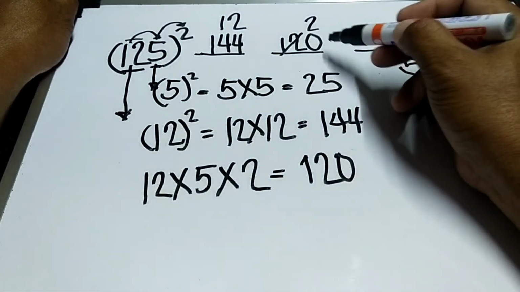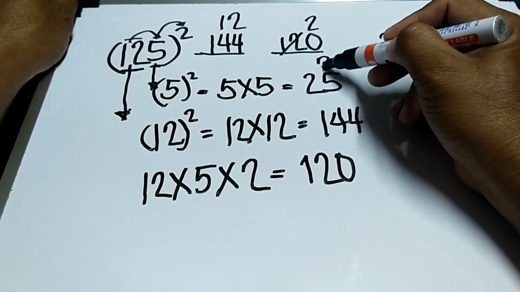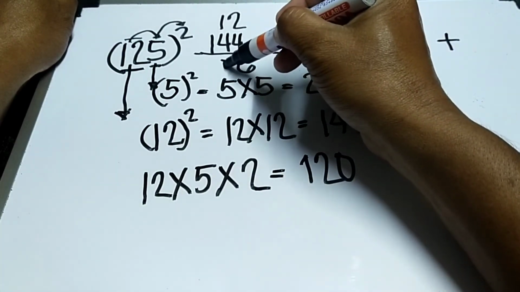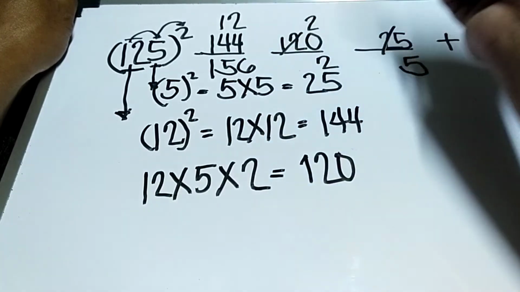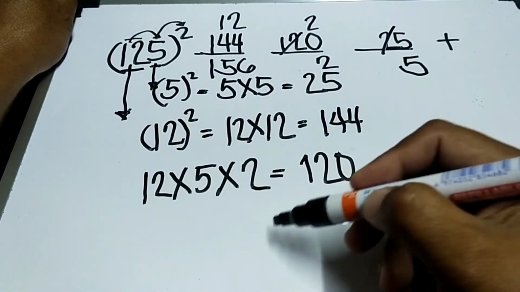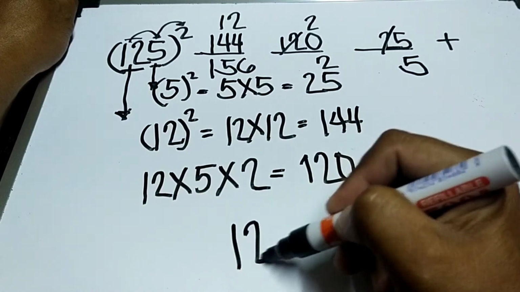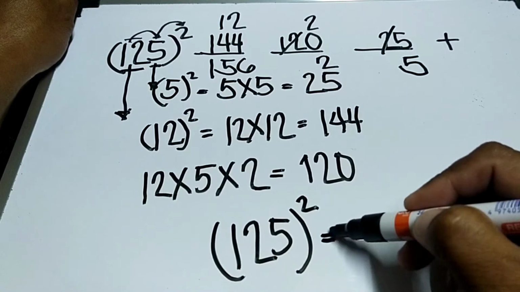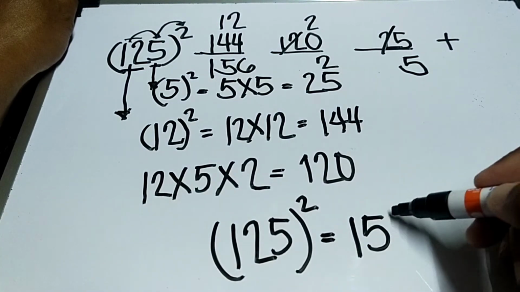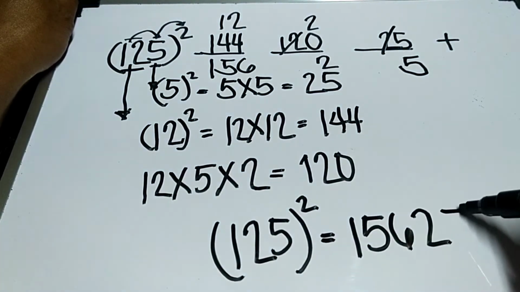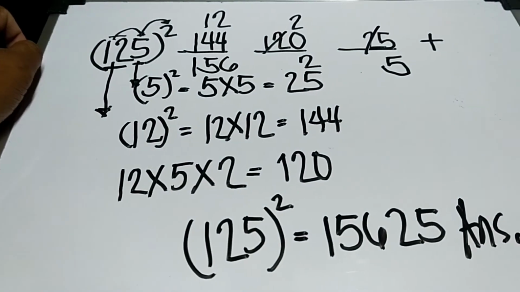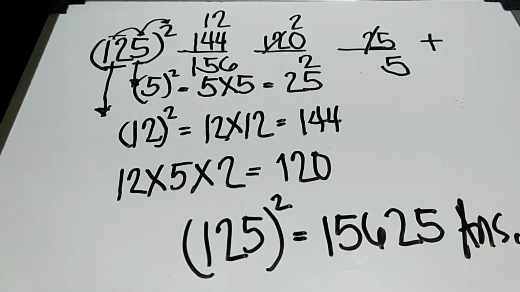Okay? This is 2. This is 6. This is 5. And bring down 1. Okay? Therefore, guys, 125 squared is equals to 15625. This is our final answer. Did you get the same, guys? Okay, very good.